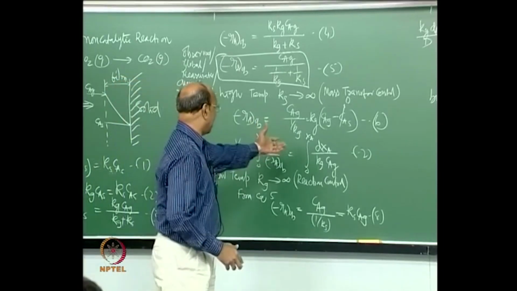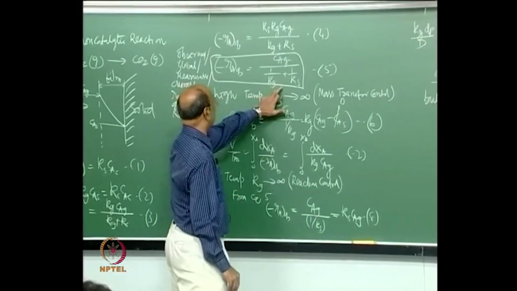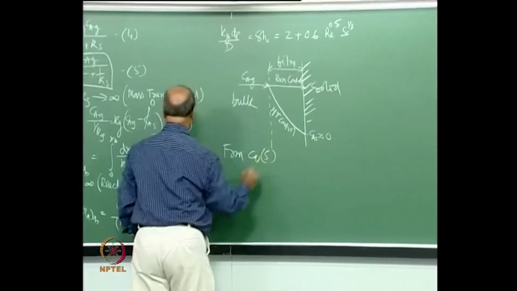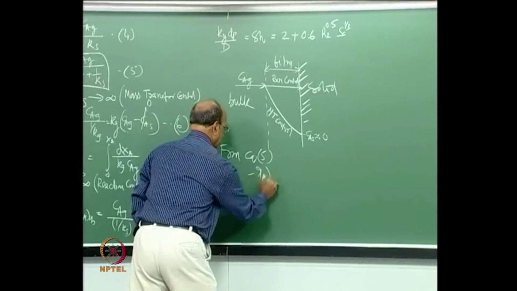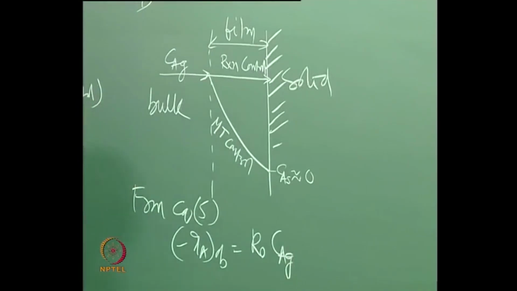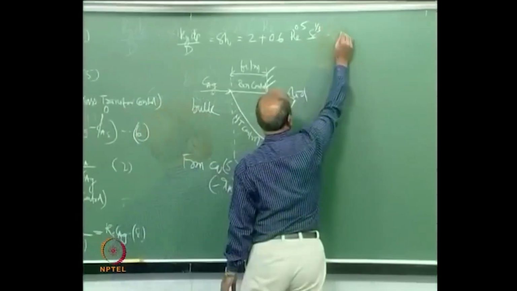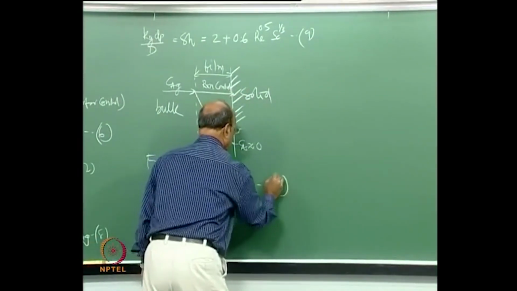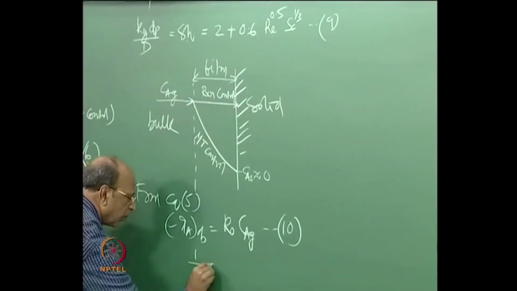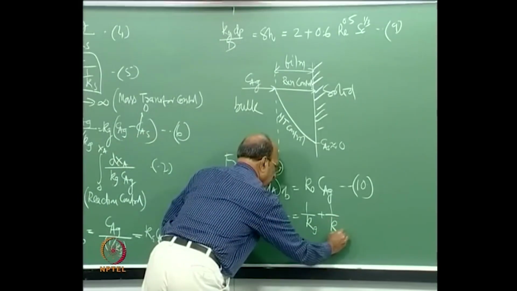So, even here when you assume the same thing, from equation 5 you have minus RAOB equal to K0 CAG, where K0 equal to, this is 9, this is 10, where 1 by K0 equals 1 by Kg plus 1 by Ks.